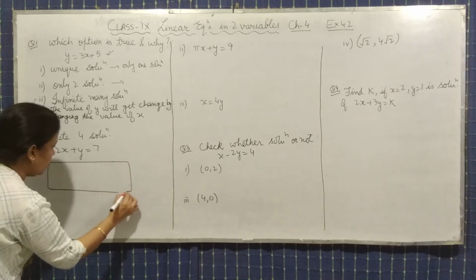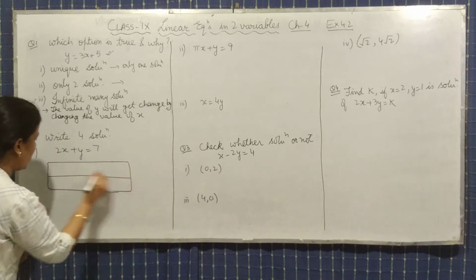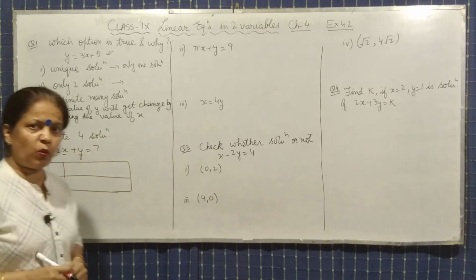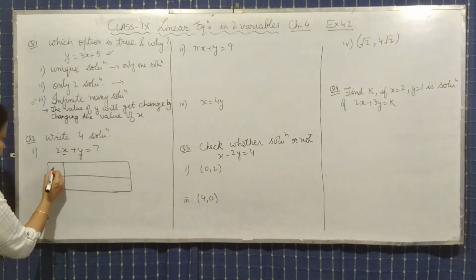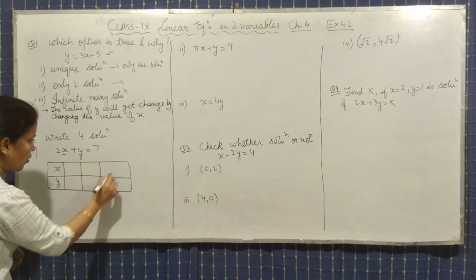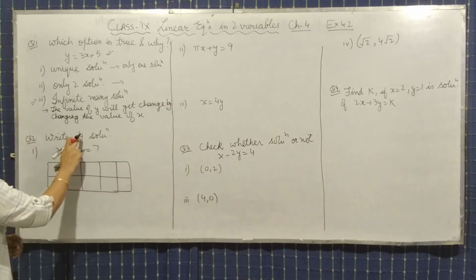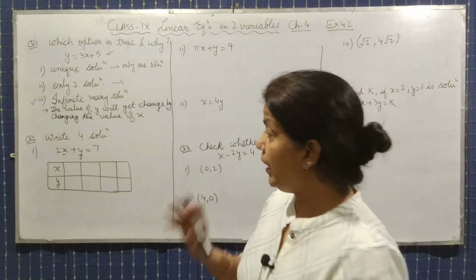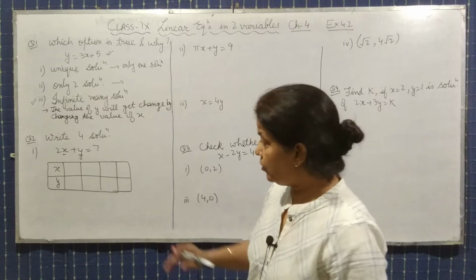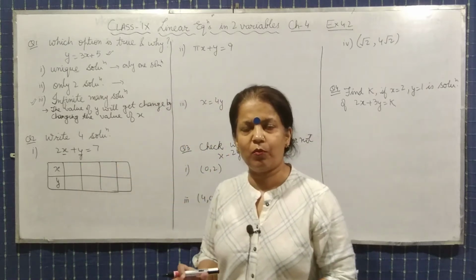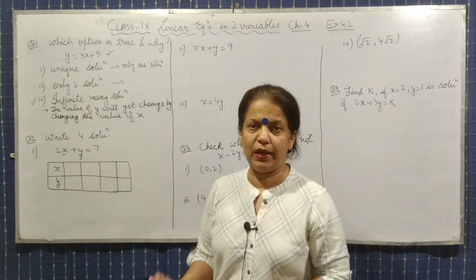So what will you do? You will make one block. Since the variables are x and y, you will write the variables as x and y. Now you will make 4 blocks, since they are asking for 4 solutions. Now what will you do? Take the value of x, any value, positive or negative, any integer.